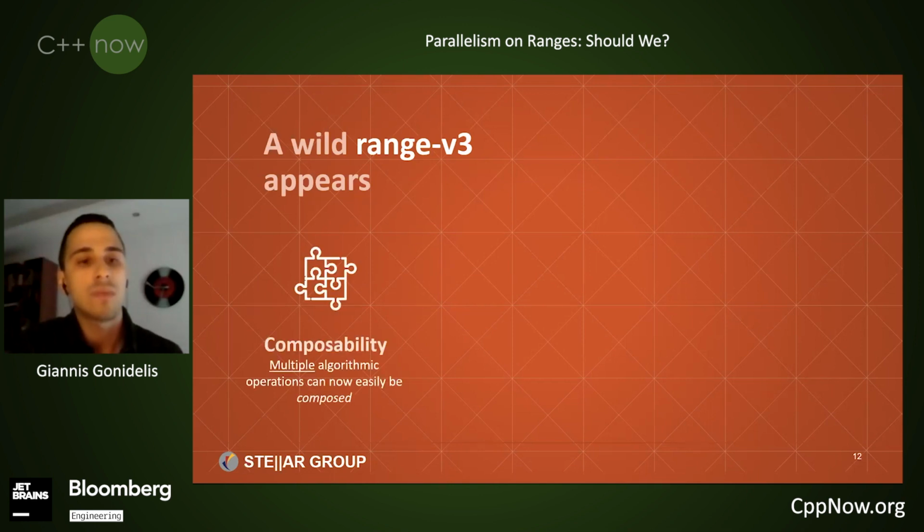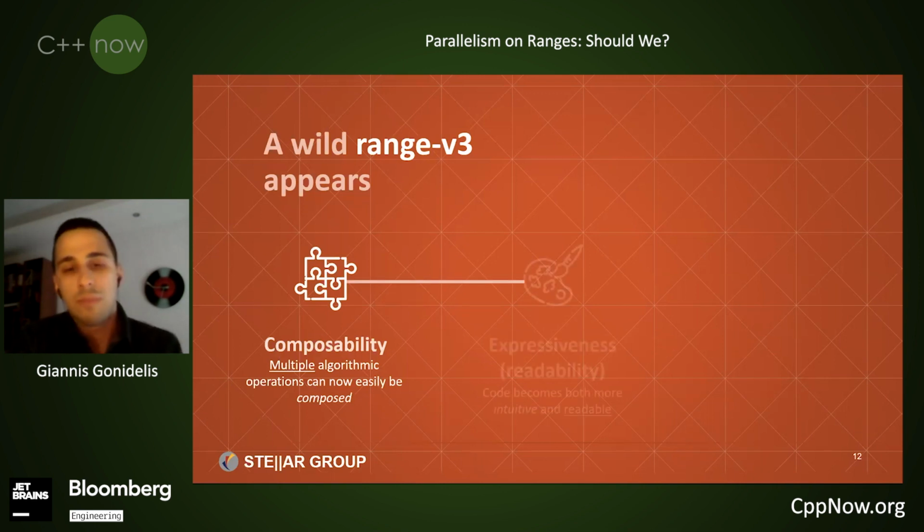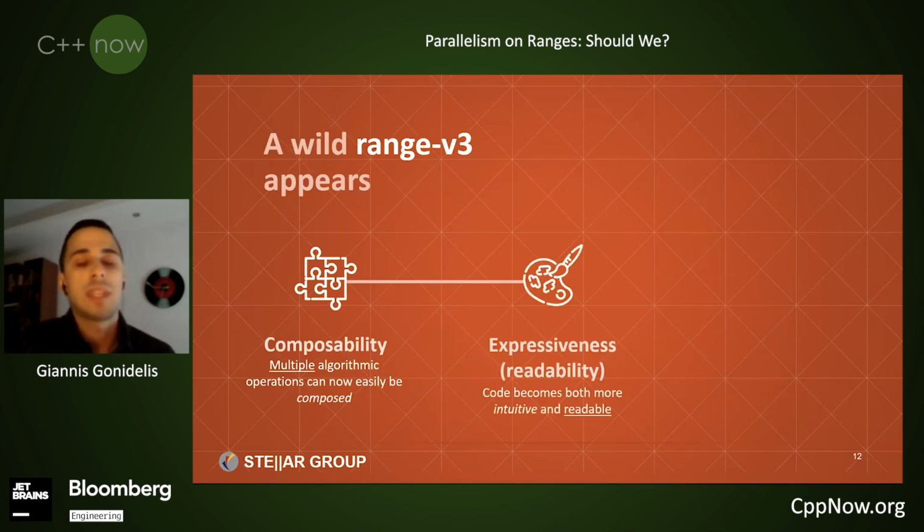It allows the programmer to code multiple algorithmic operations in a very composed way. And of course, composability makes code far more expressive and far more readable. The code became more intuitive. And these are the main two aspects everyone keeps talking about when they're referring to Range v3.